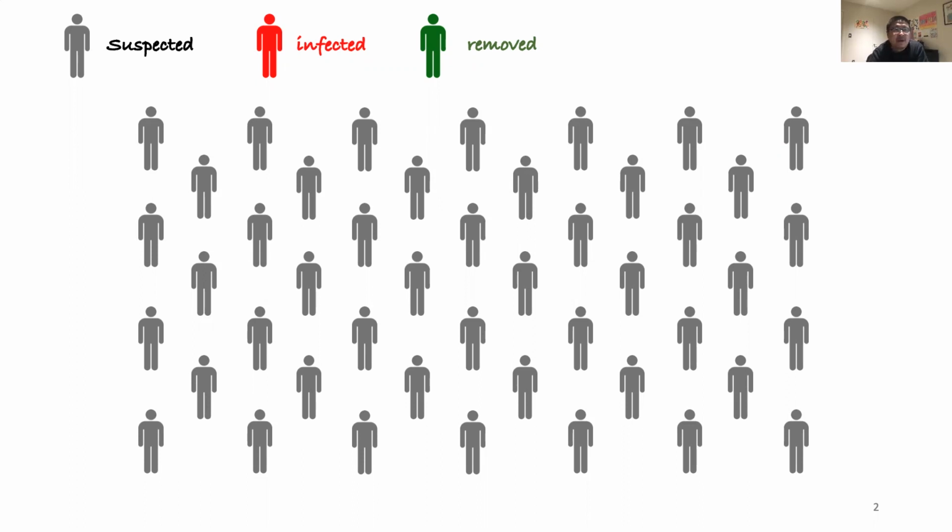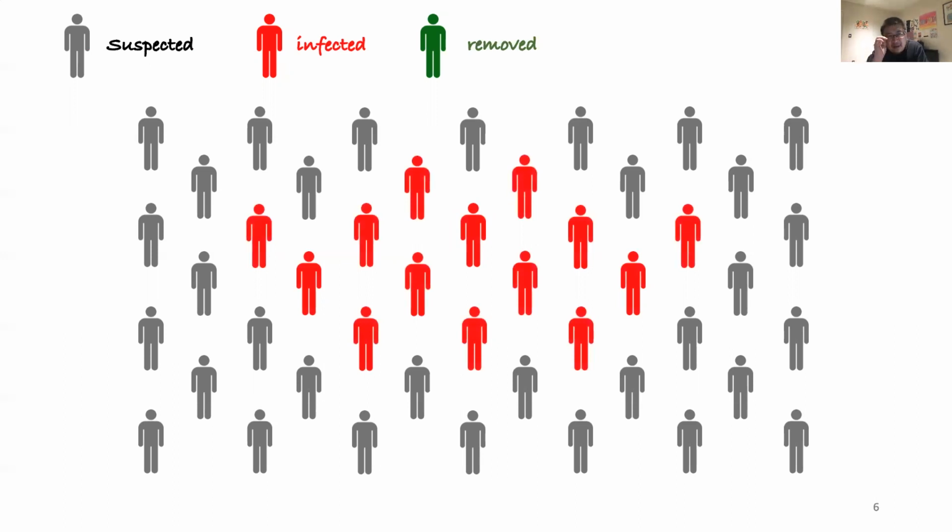Initially, we assume we have an entire population where everybody could be a susceptible one, and if there is a contagious disease such as COVID-19, then we discover several infected cases, and through interactions, those infected cases are going to infect more susceptible people, and you get more infected cases.